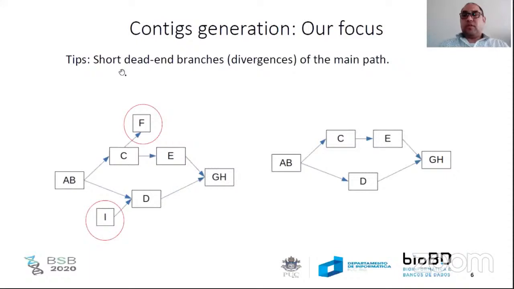Tips are short dead-end branches off the main path. Possible causes include sequencing error toward one end of the read and low coverage. Again, in the red circle, we see two possible tips, node I and node F. We remove them from the main graph, and these are the results.